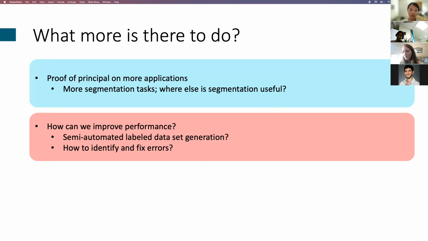And then on the technical side, there are some interesting things that came from this. We do have pretty strong aggregate performance, but we saw notable error modes. We're failing on patients who have a certain type of abnormality in their left ventricle, and certain types of artifacts we don't do super well on. So how can we identify those errors and those patterns of errors, and then how do we fix those errors? Those are also places we could improve.